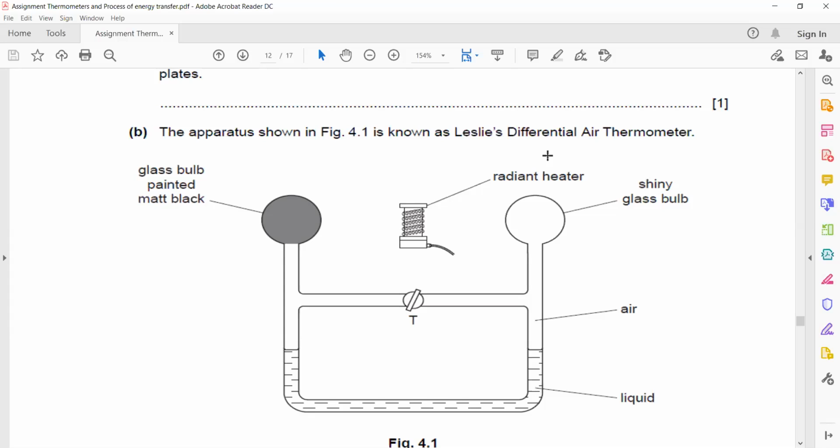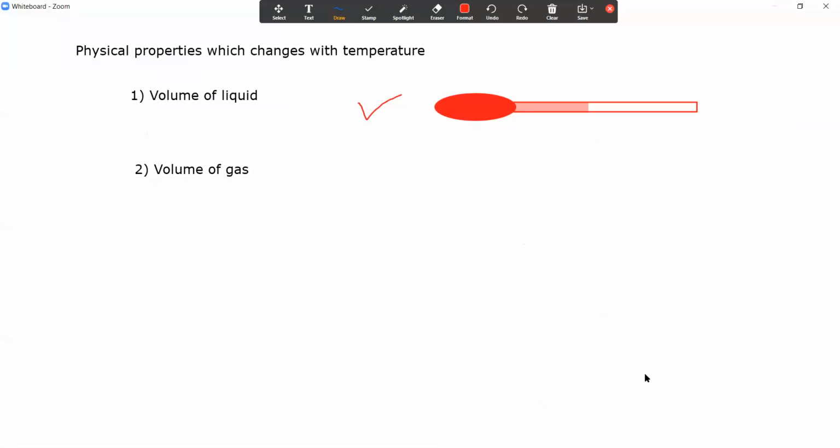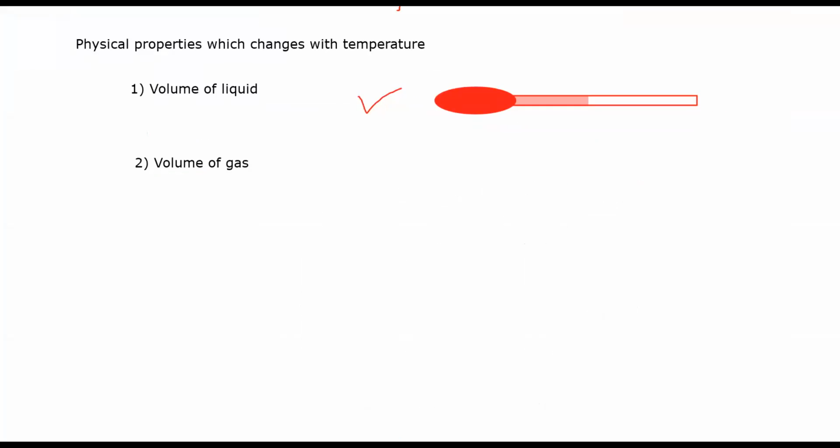Actually, it is using the volume of a gas to record the temperature. It also has a marking of how much change in volume occurs, which can be used to find the temperature. But because it's not part of the syllabus, I'm not going into detail. Just mentioning the points which can be used to design a thermometer.